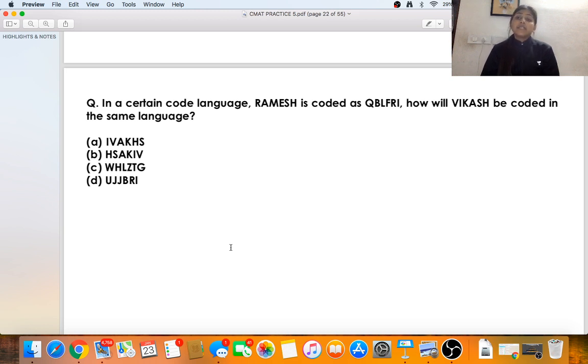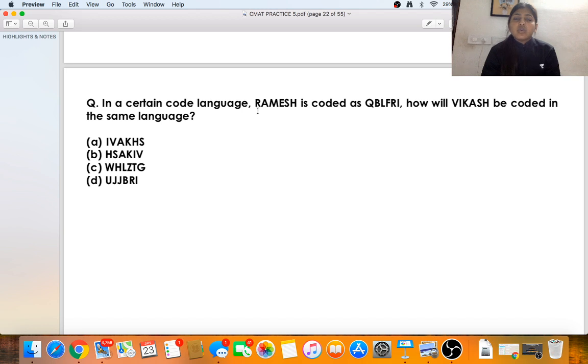So how will Vikash be coded in the same language? First you need to look at the pattern, figure out what they have done. So R became Q, A became B, M became L, E became F, S became R, and H became I.